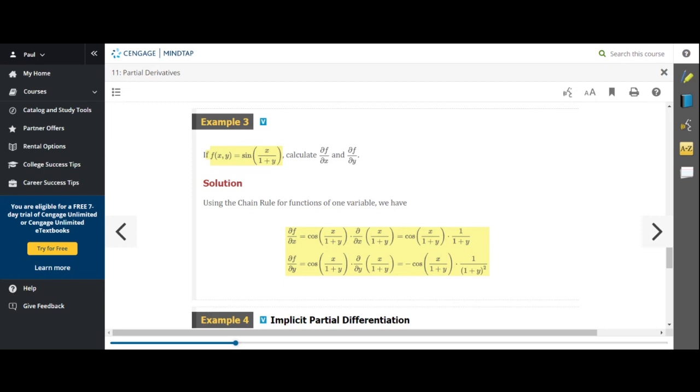And similarly, for the partial of f with respect to y on the second line, you hold the x constant, and you're going to get 1 over 1 plus y squared for that second factor. Now, what rule did they use there?